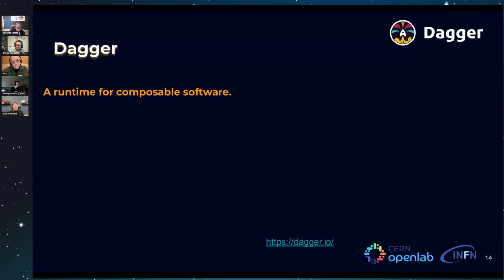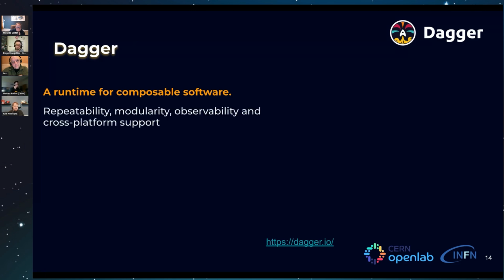The solution that we are presenting today is based on Dagger, of course. I think I don't need to introduce the features that Dagger provides out of the box, but just to refresh, what we were looking for is especially something where we can program our pipeline in a declarative way, where we can manage everything in the most CI agnostic way possible.